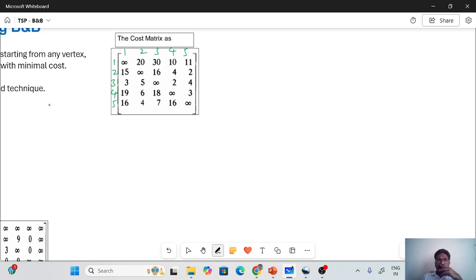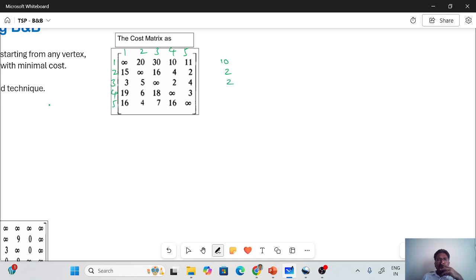For that we are going to find the minimum row value. How many rows do we have? 5 rows. In each row we are going to find the minimum value. Here what is the minimum value? 10. Here? 2. Here? 2.